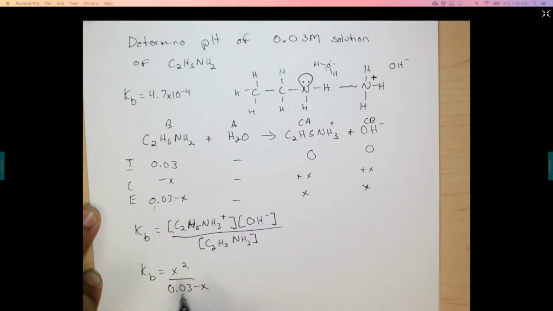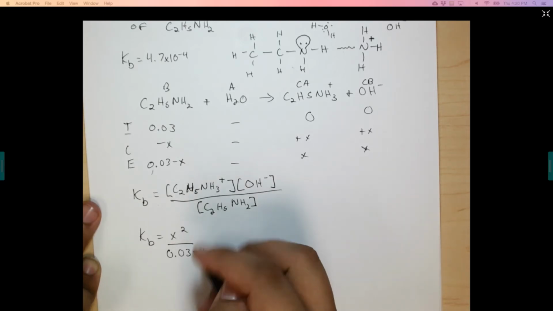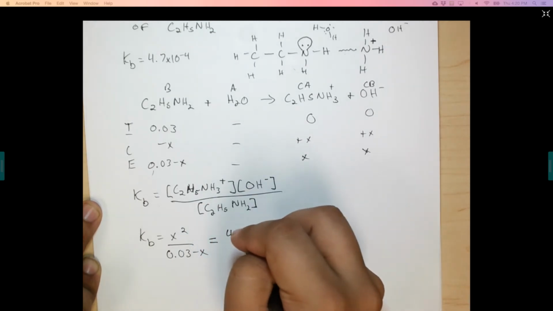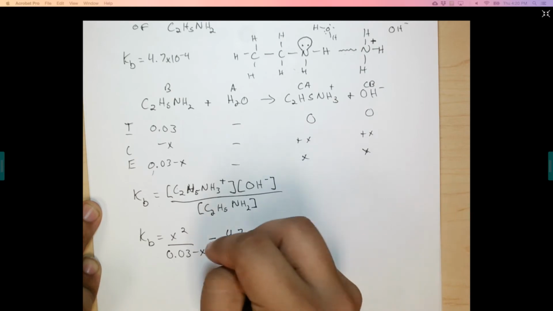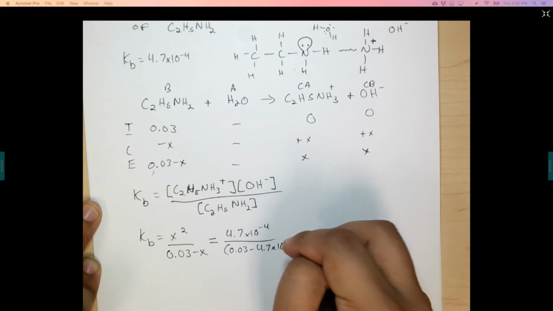And remember, we said that we can drop x in scenarios where 0.03 divided by Kb is over 500. So 0.03 divided by 4.7 e to the negative 4. It is not over 500, right? So because of that, we need to keep x.